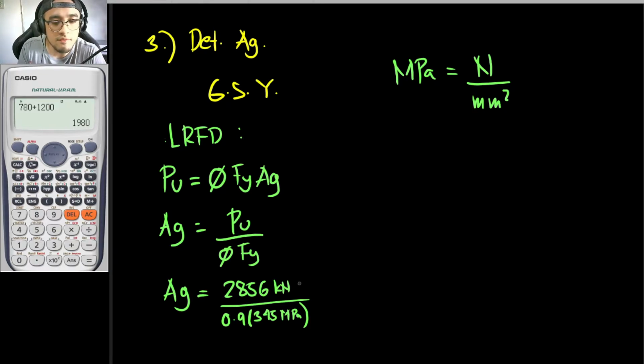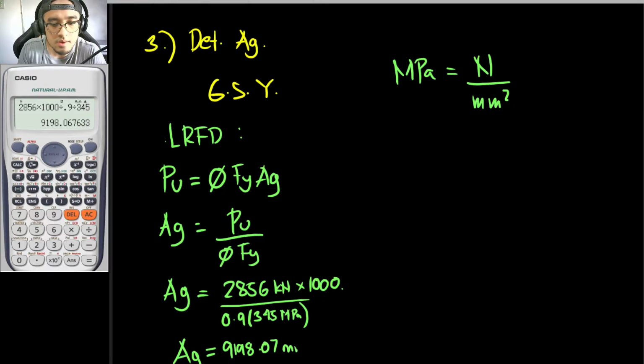And to convert it to newtons, just multiply it by 1000. So solving for our AG in gross sectional yielding in LRFD, that is now to be equal to 2856 times 1000 divided by 0.9 divided by 345, that is to be equal to 9198.07.